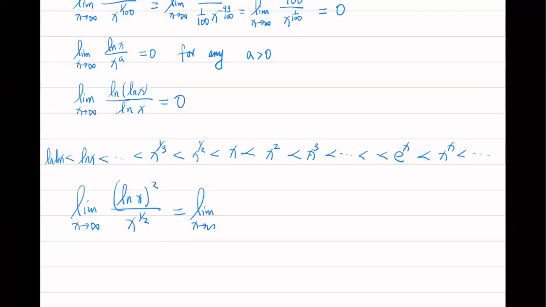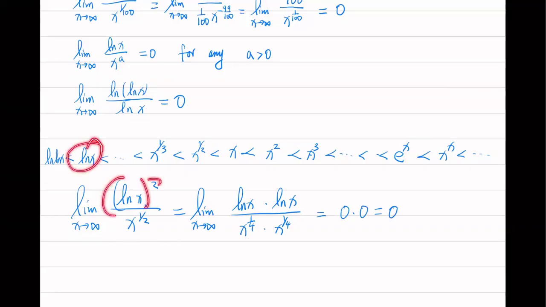Limit as x goes to infinity, logarithm to the 1/4. Do you agree? Okay, because both go to 0. And see, not only is the logarithm squared slightly faster than this, but slower than any of these.